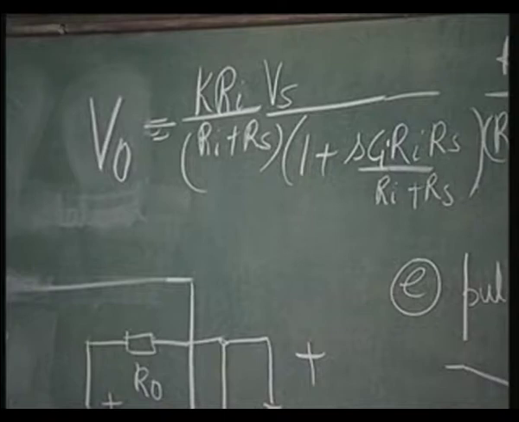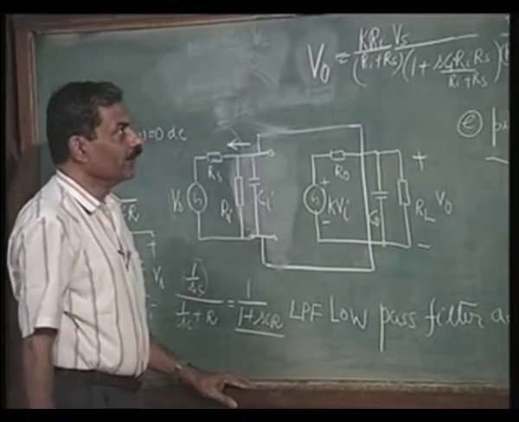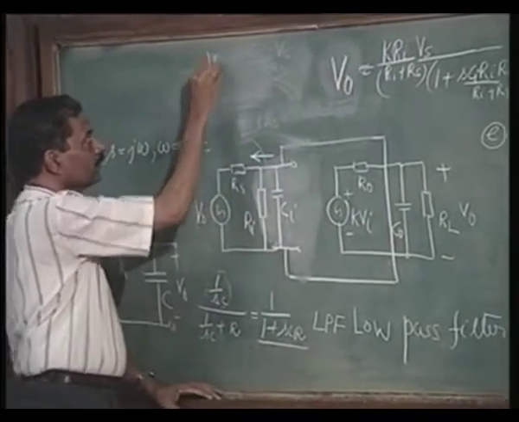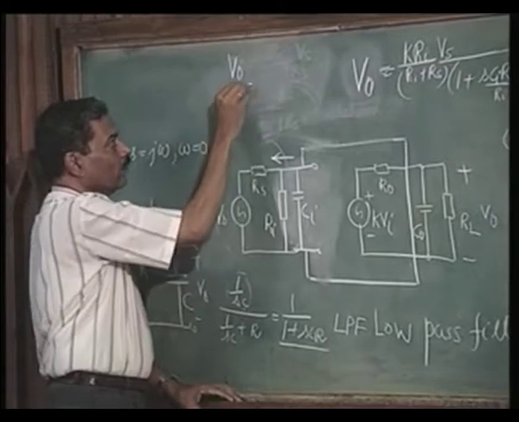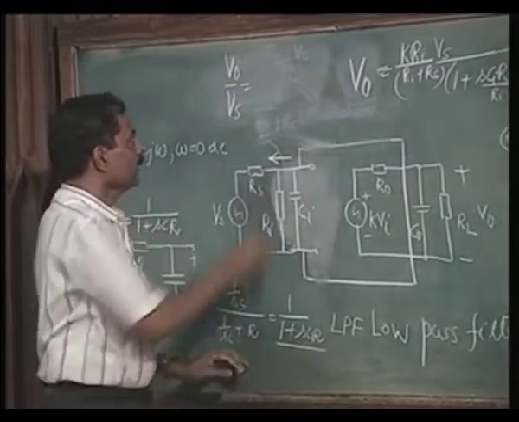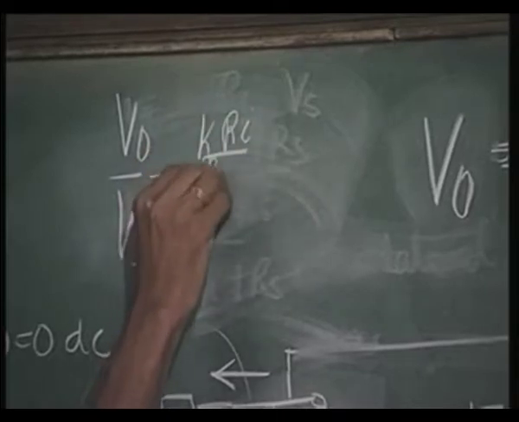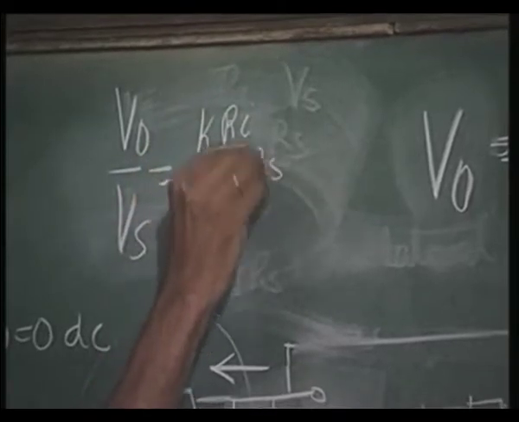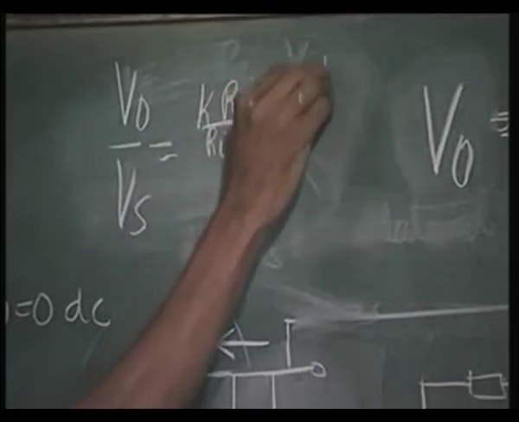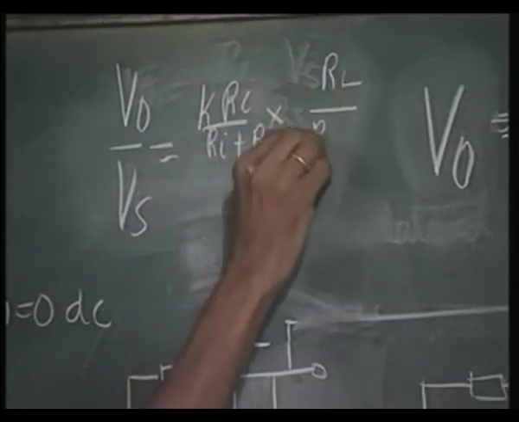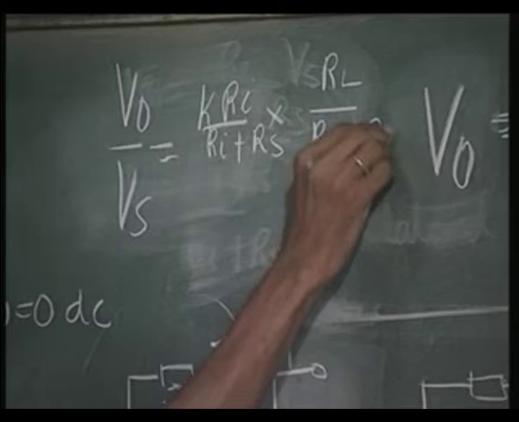So what has happened earlier, we know that V naught over Vs was equal to simply K times Ri by Ri plus Rs into RL by RL plus R naught.